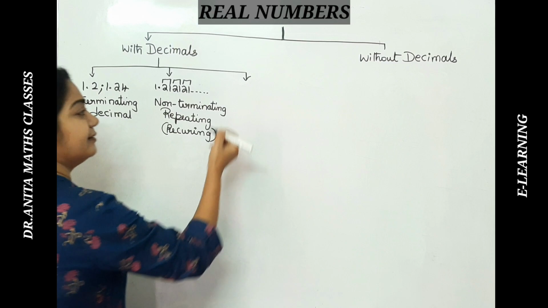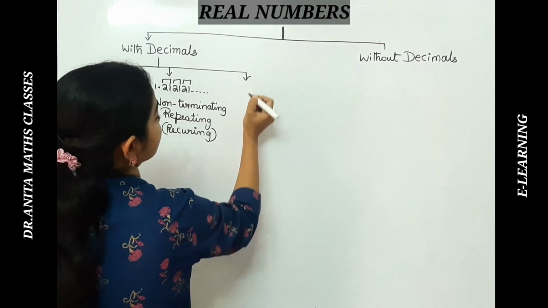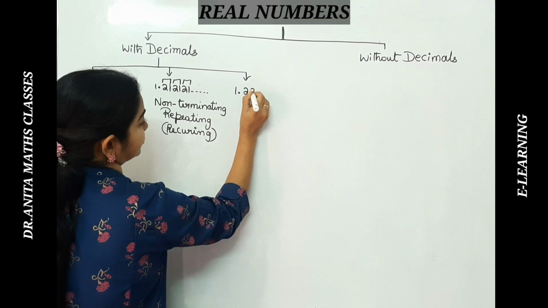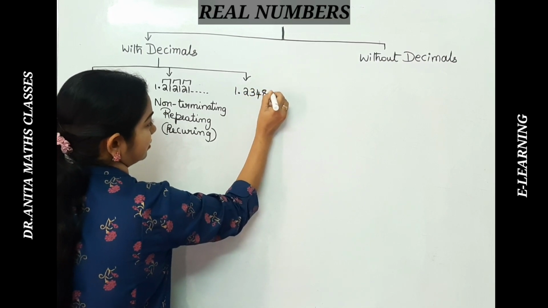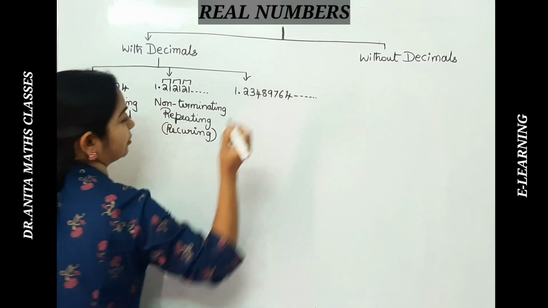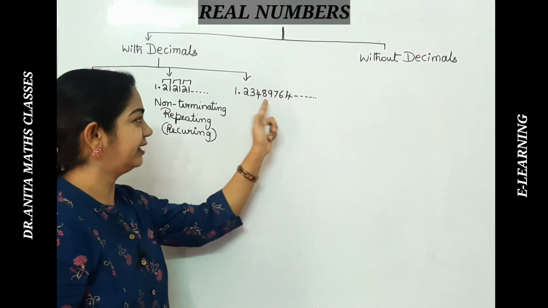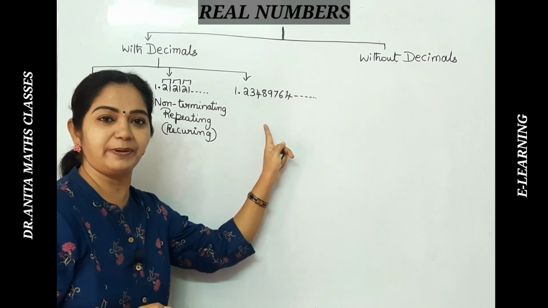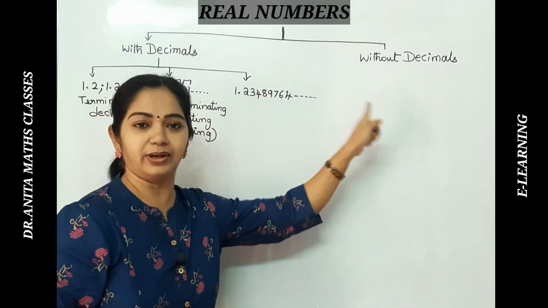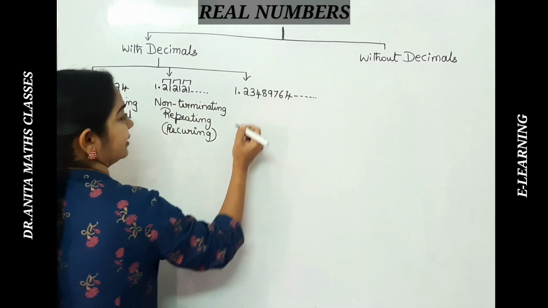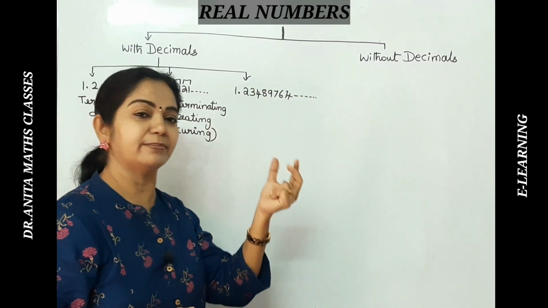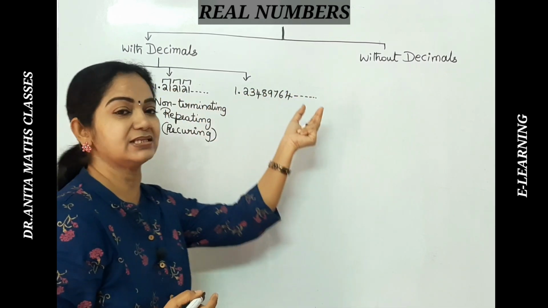And another type of numbers with decimals, suppose I take 1.2 and so on, like this, it's going on. Here also we find non-terminating, the decimal part is not stopping, and nothing is being repeated here. No set or block of numbers is being repeated.